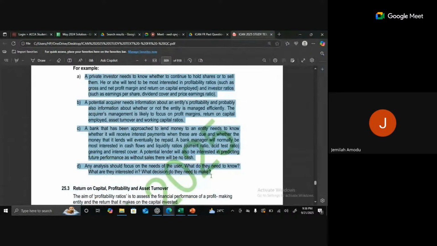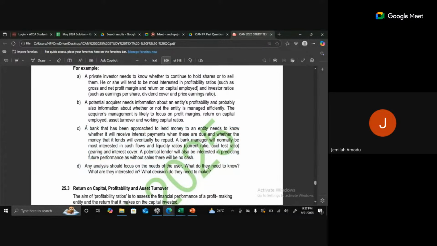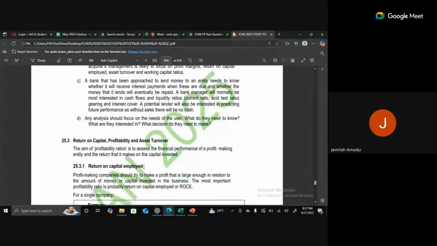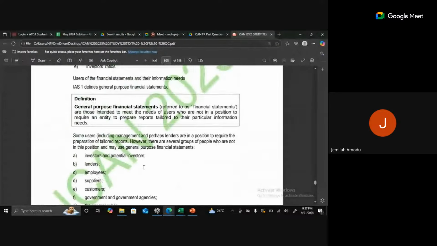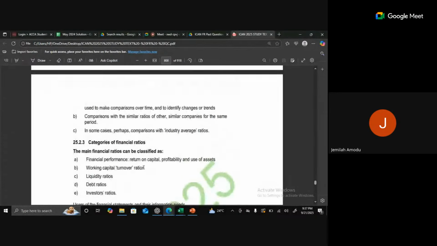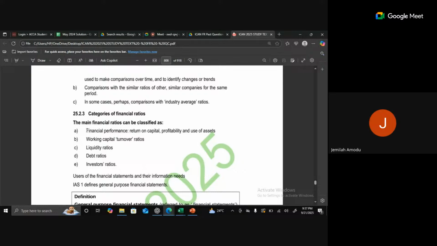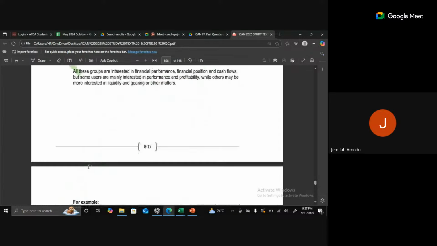It will help you to understand better. They can pick one thing from here and develop it into one big scenario that will scare somebody, but you should not be scared. So we are basically looking at all these different categories of ratios, to take them one after the other.